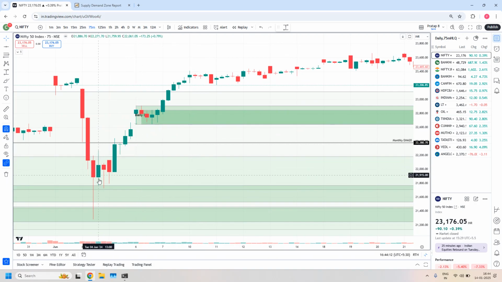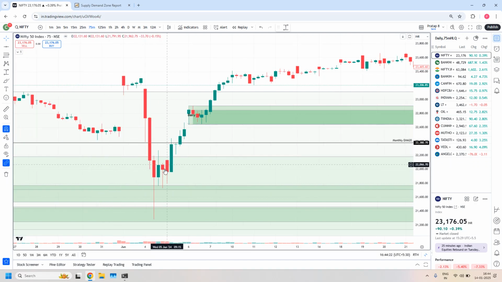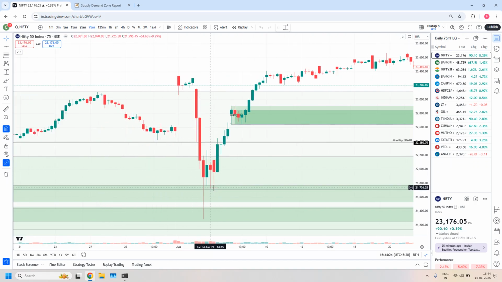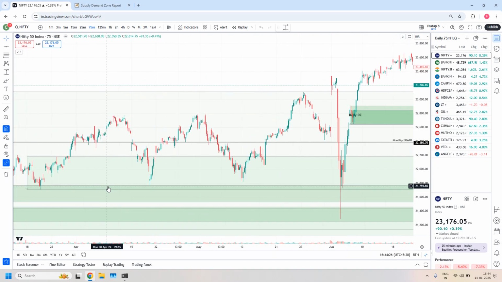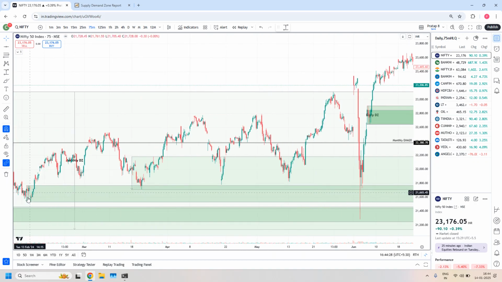This is a bigger candle. We can consider this as a leg-in. These two are base candles and a rally candle. So a new 75-minute zone is created. See, this is from where it picked up the orders, within the daily zone. This is the daily zone. This is the horizon to this weekly zone.